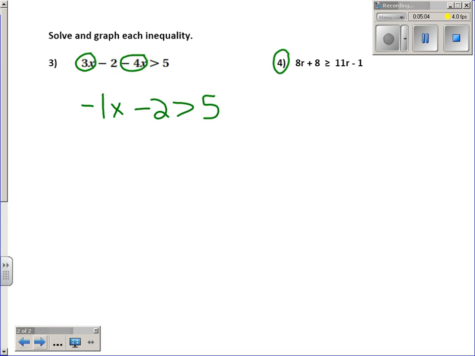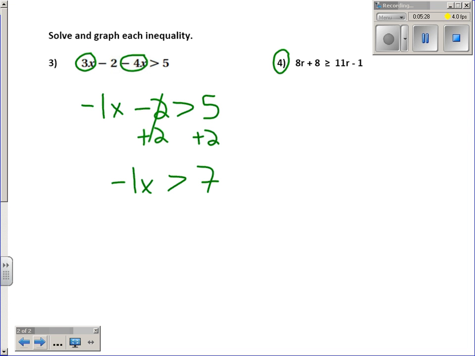Now we treat this just like any other inequality that's given to us in this situation. Isolate the variable. So we do that by first reversing the subtraction. Make sure you bring down that negative sign on the 1. And now we have to think about this as multiplication of negative 1.